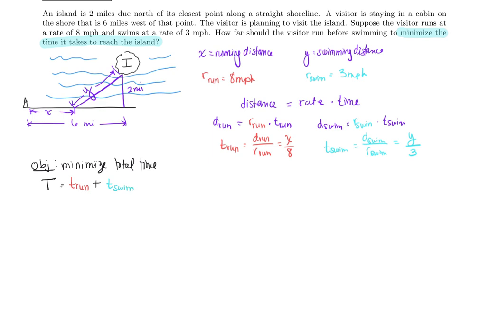And in this case, that's equal to, well, the time it takes to run is x over 8, and the time it takes to swim is y over 3. Or if we wanted to rewrite these as a fraction times the variable, we would say that this is 1/8 x plus 1/3 y.